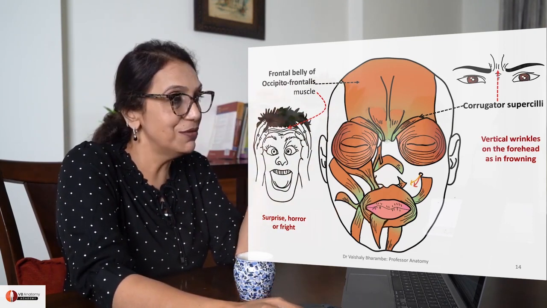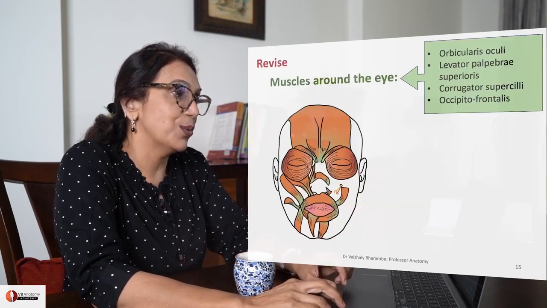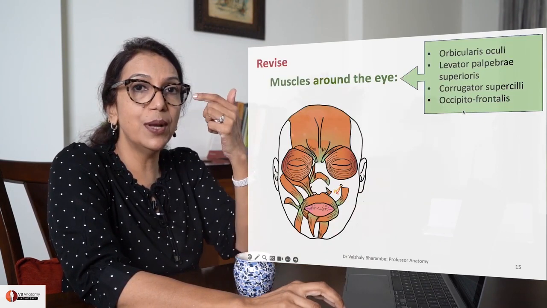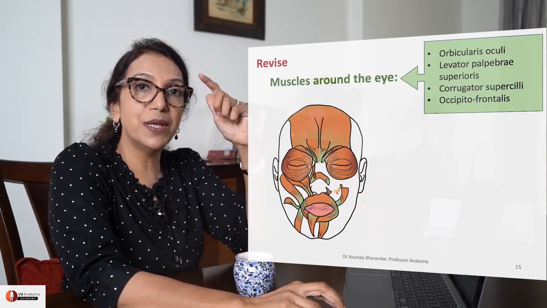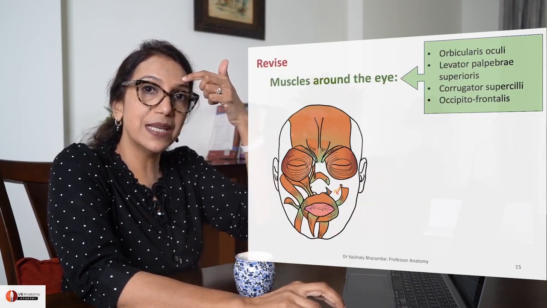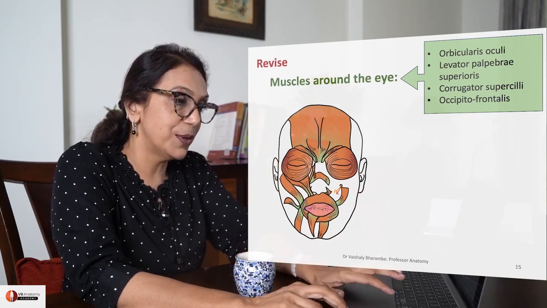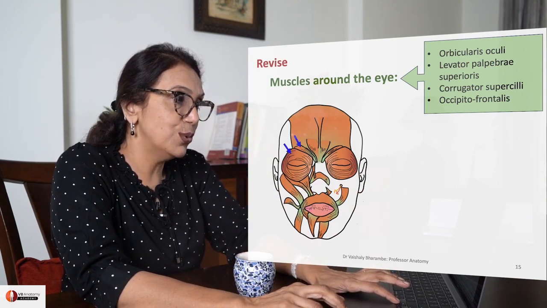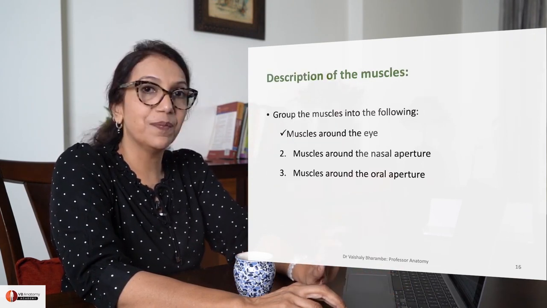belly of occipitofrontalis. Okay, so let's revise. We saw these 4 muscles: orbicularis oculi, levator palpebrae superioris, corrugator supercilii, frontal belly of occipitofrontalis. Okay, so 1, 2, 3, 4. That's it.